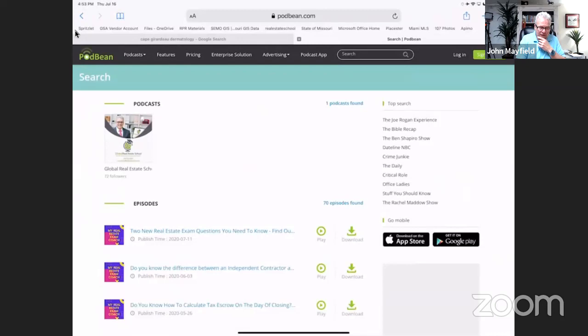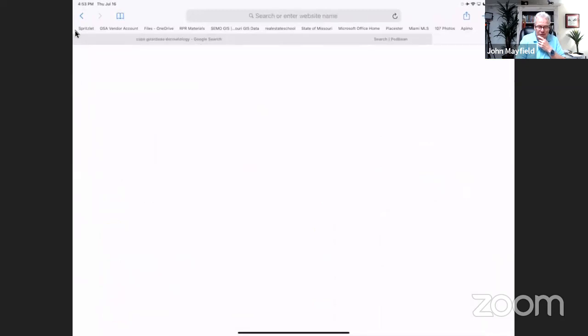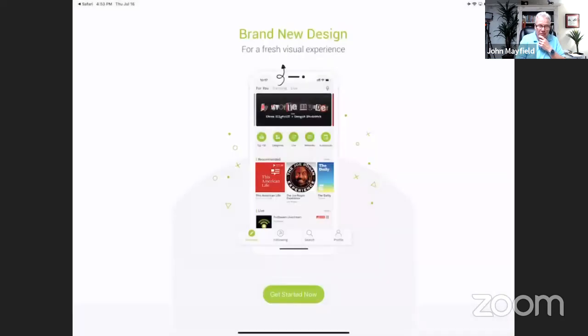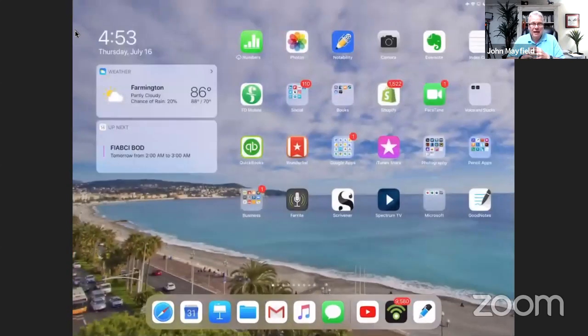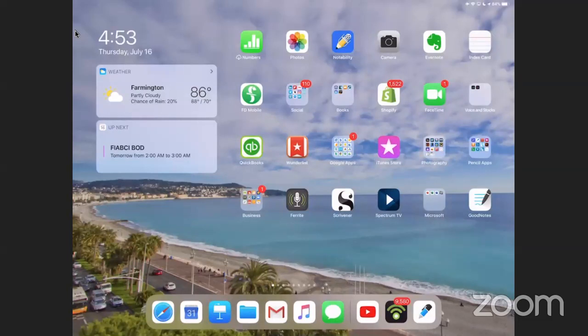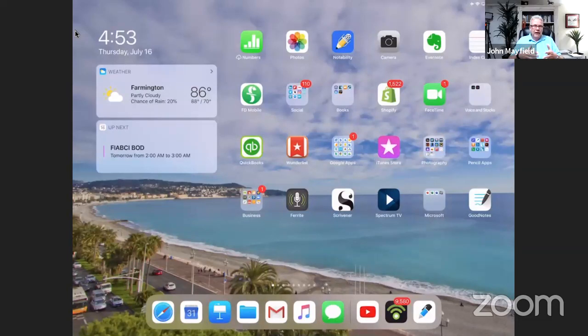This right here is the latest one I did, which was 2 new exam questions. The person said, here are the 2 questions. A buyer is with an agent and they're driving around and they spot a for sale by owner.